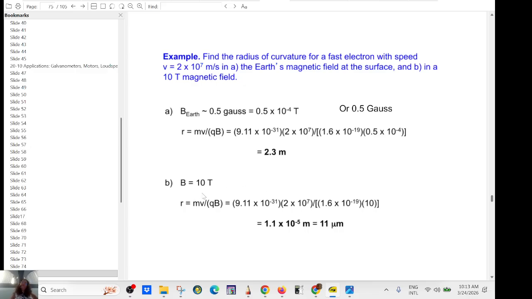If the magnetic field is 10, which is 100,000 times more, you're going to see the radius is going to be very small. So here we have micrometers. Do you agree? You just plug it in, right? Any questions?